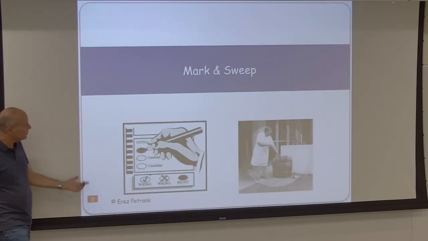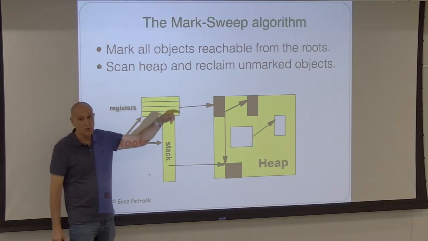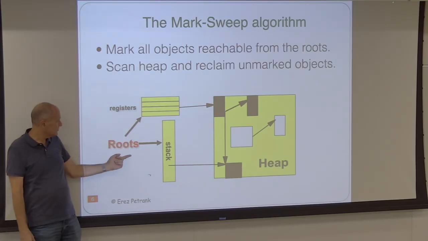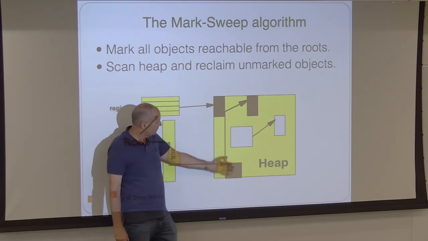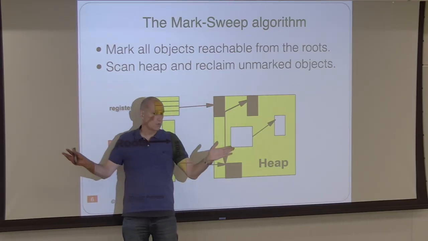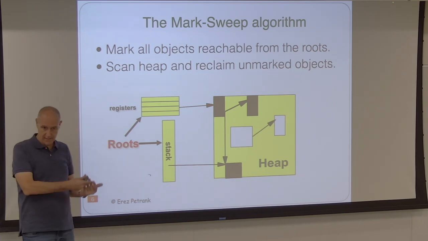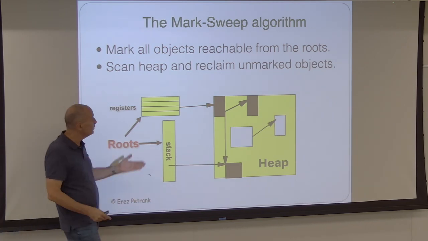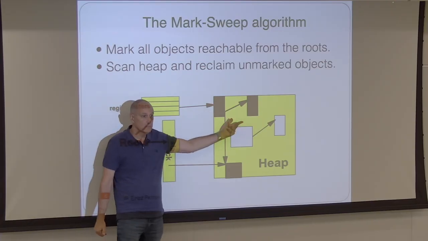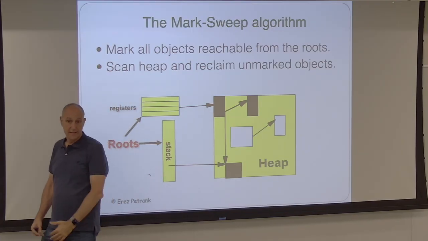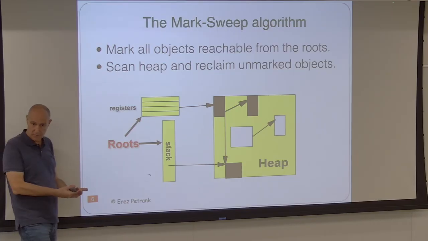Okay, so mark sweep. We said we mark all objects that are reachable from the roots. We have some roots. They point to some objects in the heap. We follow the pointers, and the pointers inside the heap, and we see what's reachable. Everything we encounter, we mark. And the things that are not marked are reclaimable.